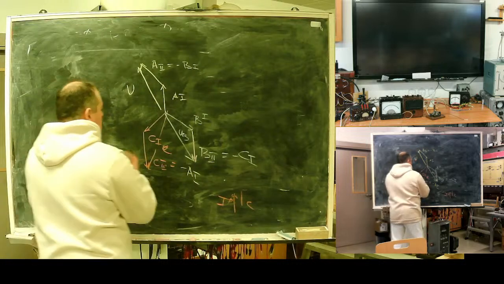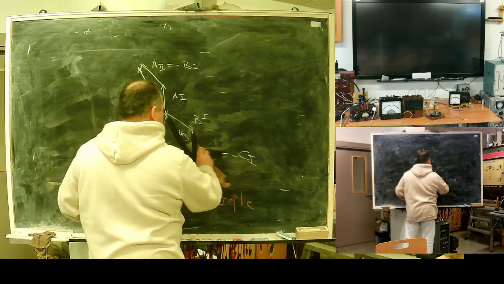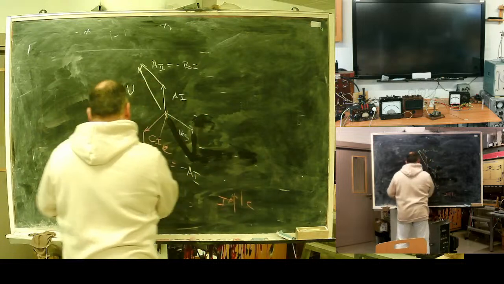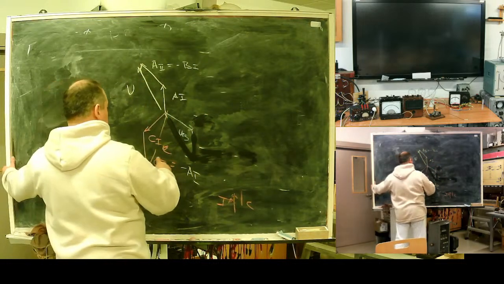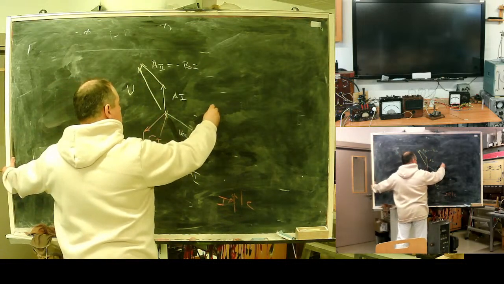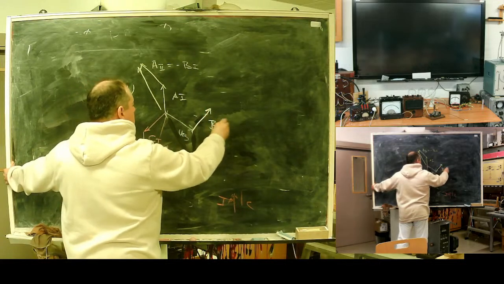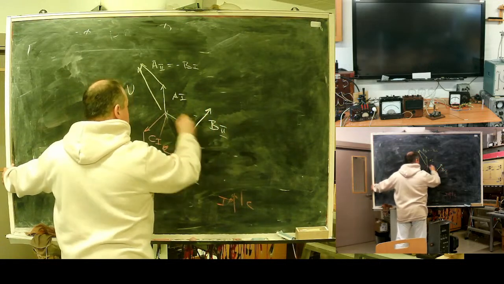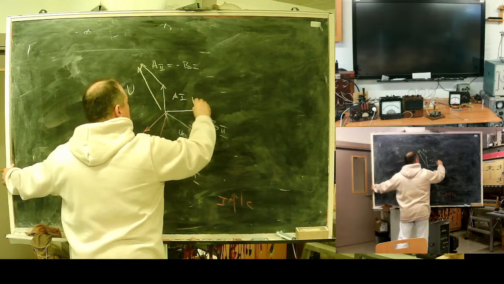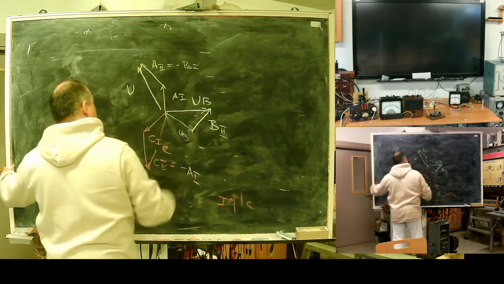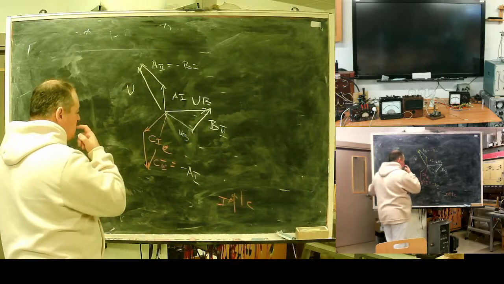No, that's not right, because C1 goes this way. This means B2 should go this way, and this is B phase voltage. Sorry, this is B phase voltage, like this.